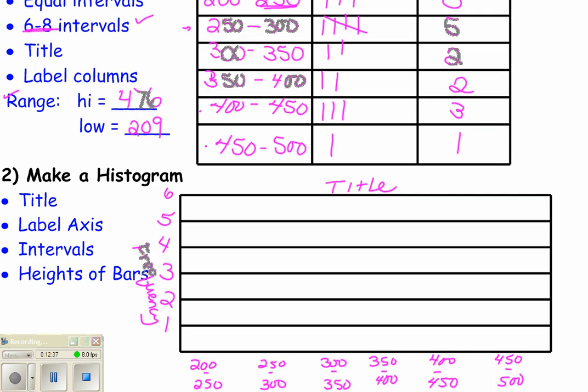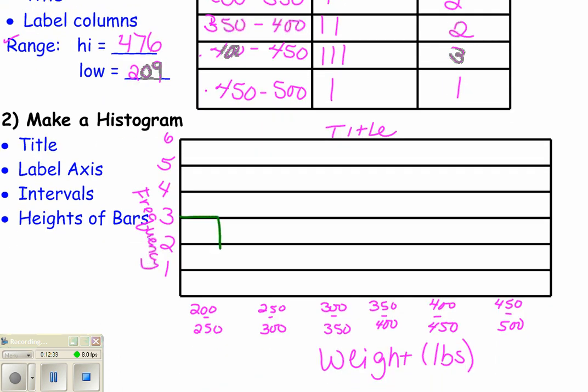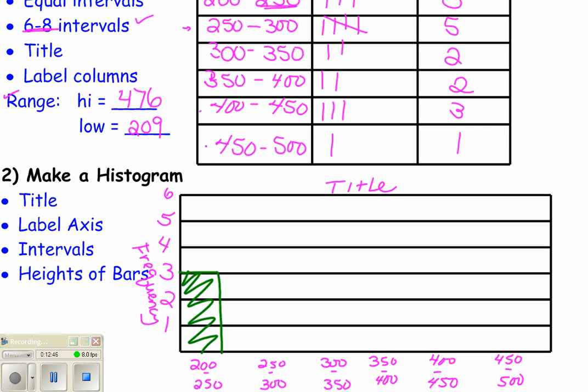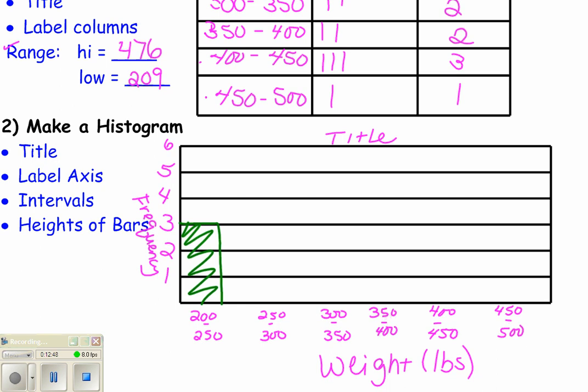And now it's just a matter of making the height of the bar correspond. So from 200 to 250, it occurred 3. Shade that in. From 250 to 300, it occurred 5 times, so my bar will go up there. 300 to 350 occurred twice. My bar should be a little bit more equal, but we're just sketching here anyway.